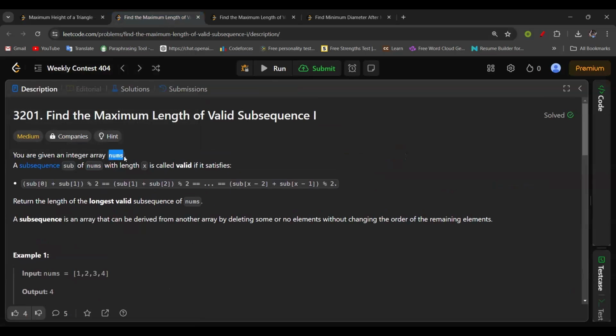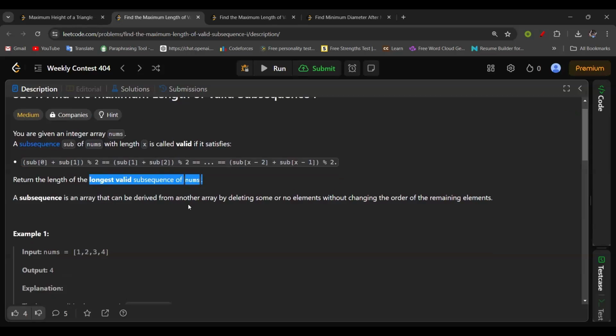So you are given an array nums, and you pick a subsequence from it, named sub, with length x. This subsequence is valid if it satisfies this condition: (sub[0] + sub[1]) % 2 equals (sub[1] + sub[2]) % 2, likewise equal to (sub[x-2] + sub[x-1]) % 2. If this condition is satisfied, it's a valid subsequence. Now you have to return the length of the longest valid subsequence of nums.